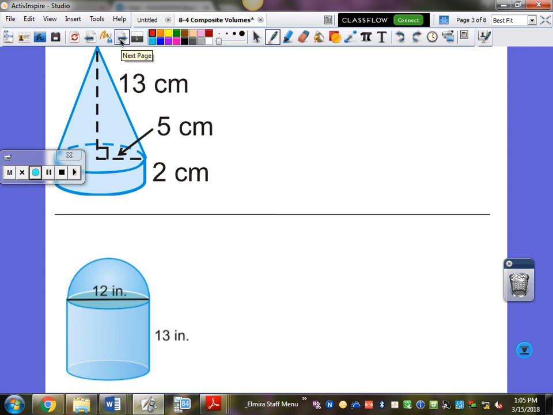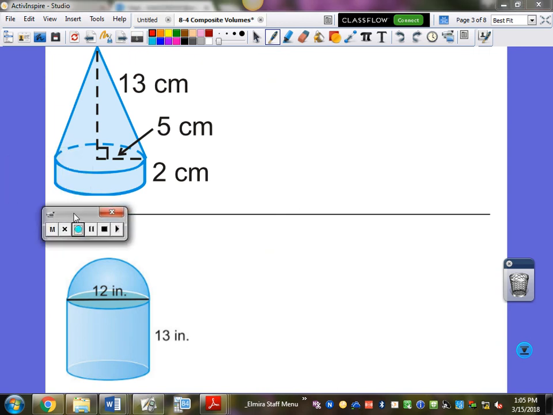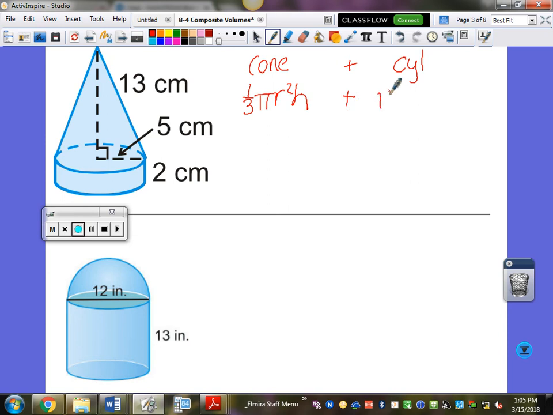Okay, next one, I've got a cone on top and a cylinder on the bottom. Okay, my cone formula is 1/3 pi r squared h, and my cylinder formula is pi r squared h, no 1/3.